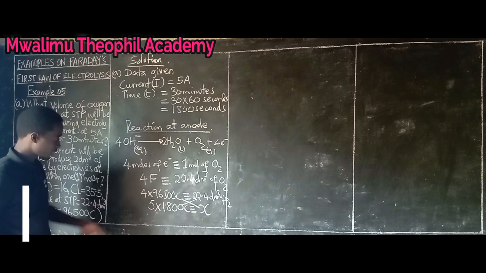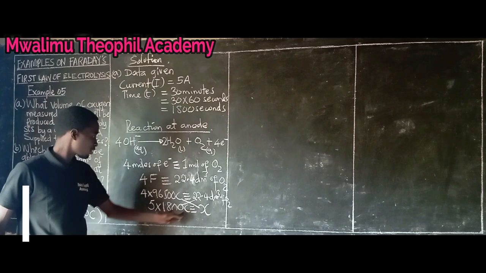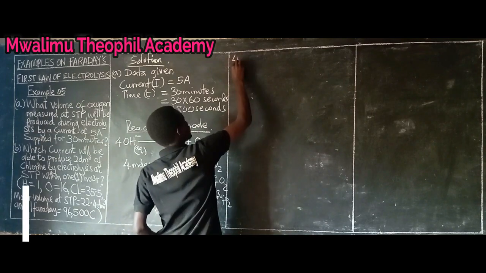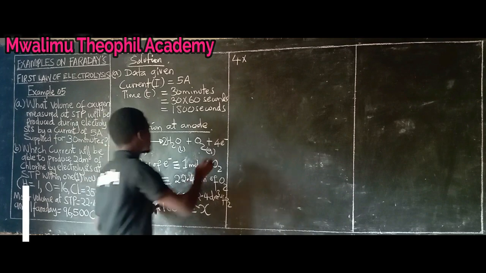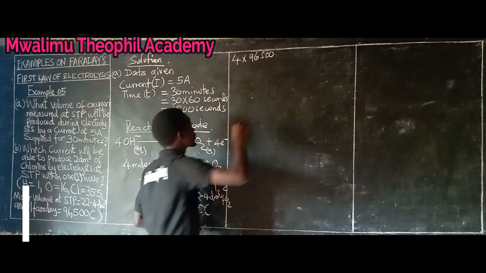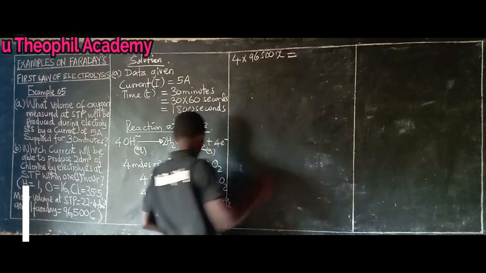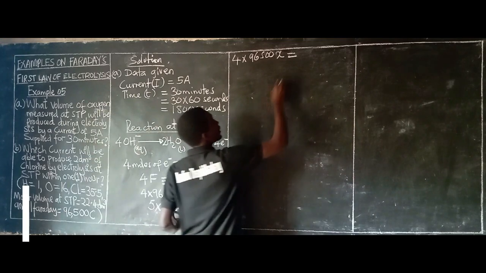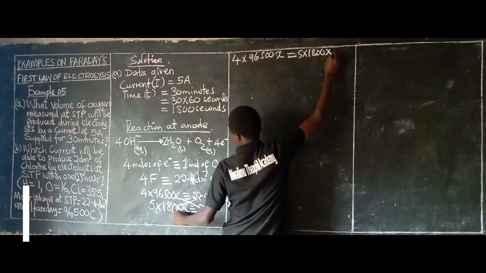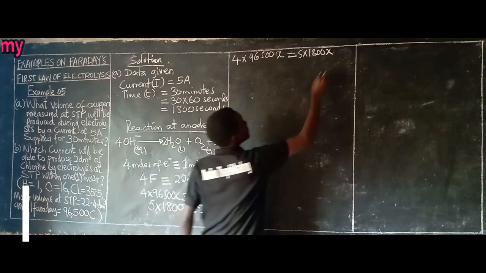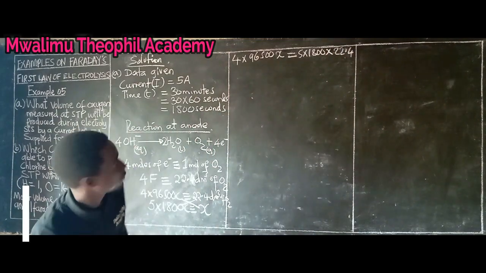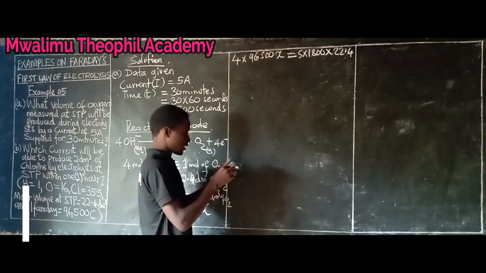When we cross multiply, this value will be multiplied by X and this value will be multiplied by 22.4. So we are going to have 4 times 96,500 times X equal to 5 times 1,800 times 22.4. Let us use a calculator to multiply the values on the left hand side and the right hand side.